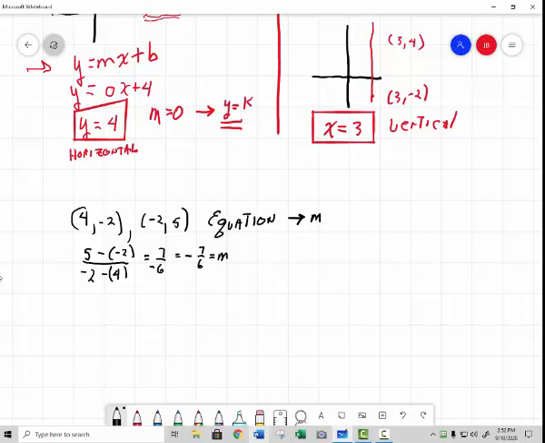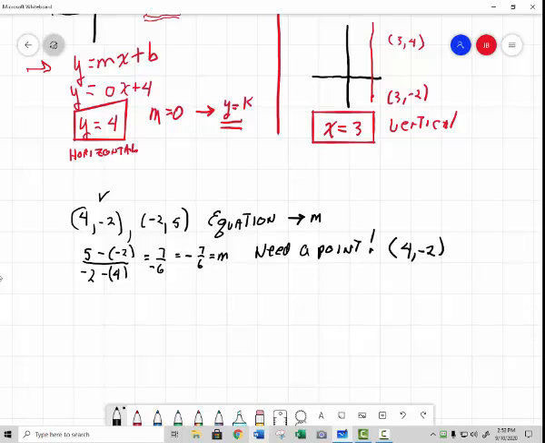Now what do I need? Well, I need a point. Well, you got 2, pick one. I like this one right here. Let's take 4, -2. I could use the other one, it doesn't matter. Now let's use the Atherton form that I showed you before.